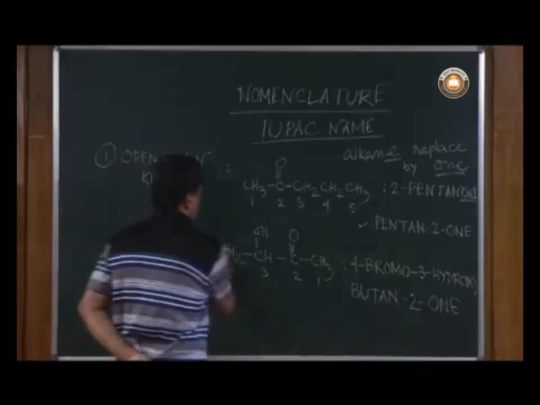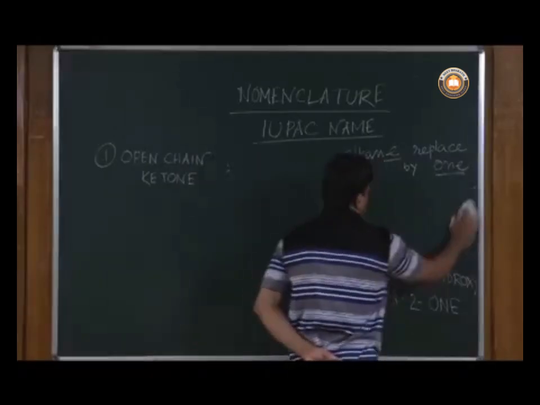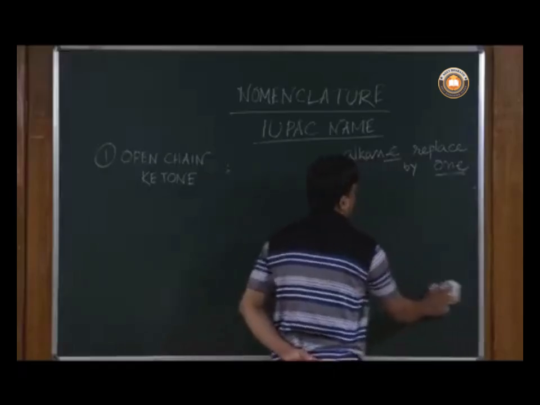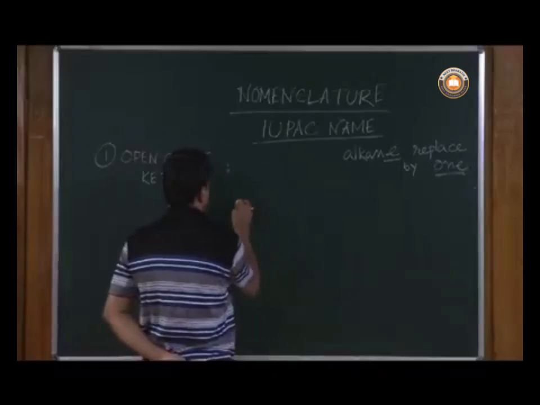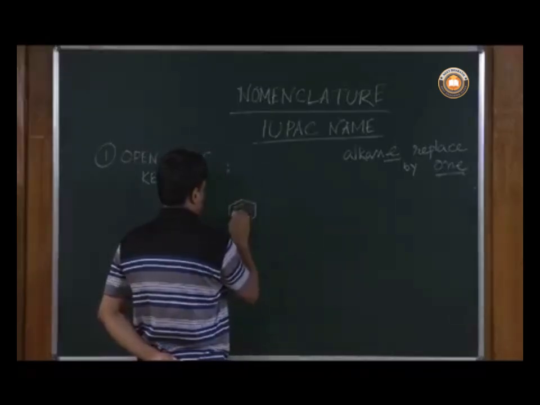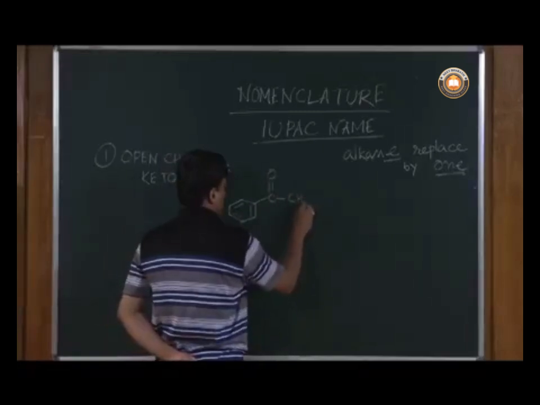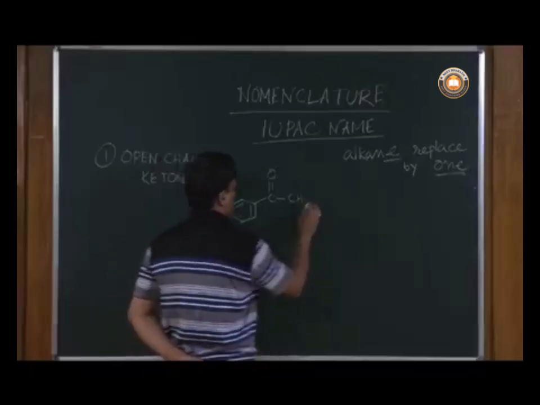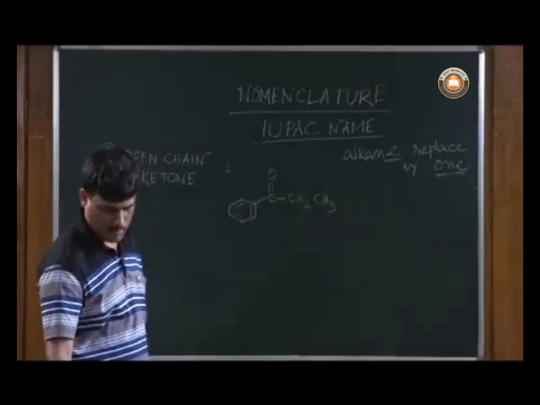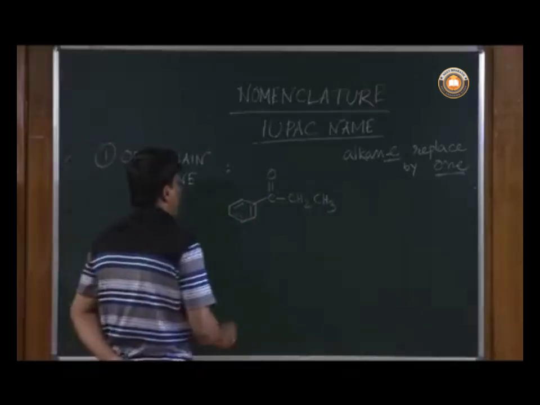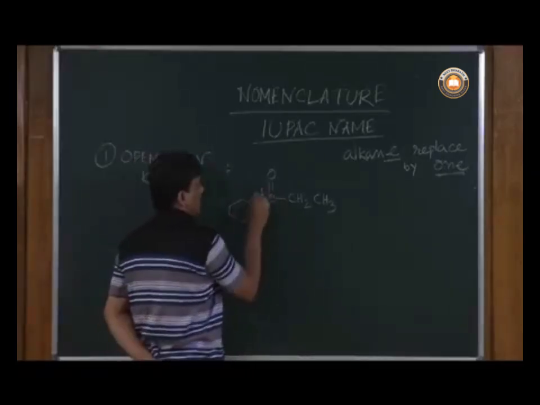Let us discuss some more examples. So, here numbering will start from the carbonyl, because this is phenyl, so we cannot give a number to the phenyl here.